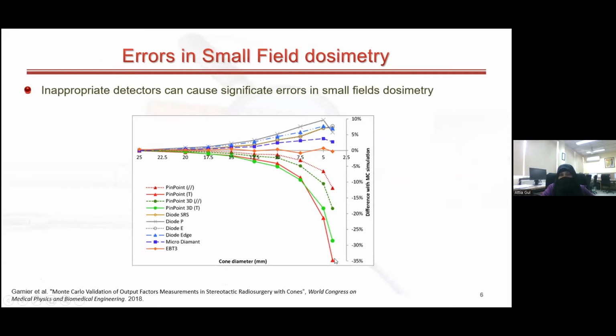But if we use the same detector in the perpendicular direction, this error can be reduced to 13%. The best detector among these is the EBT3 film. Its error is less than 1%. And if we look at the diodes, their error is in the positive direction because they over-respond.